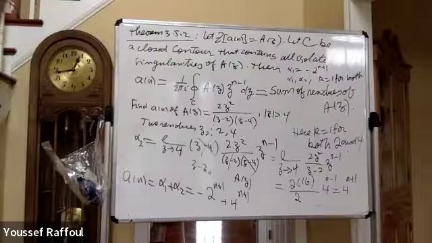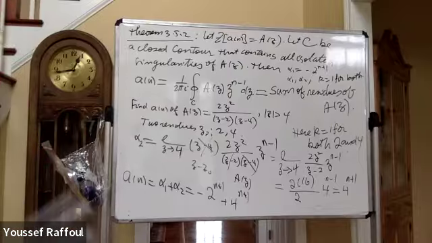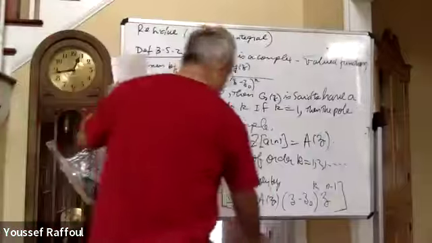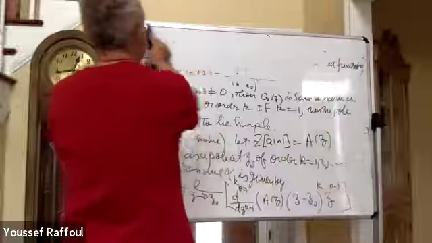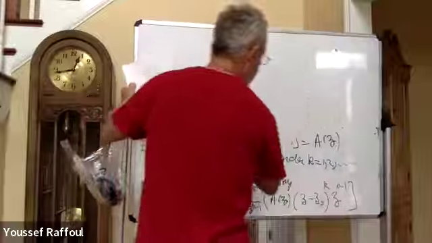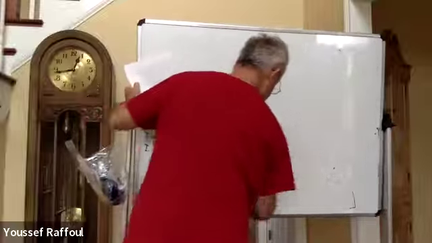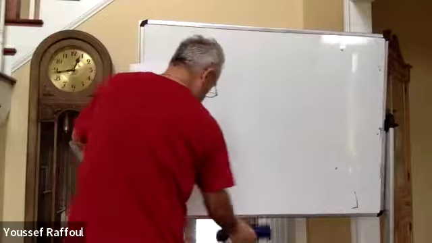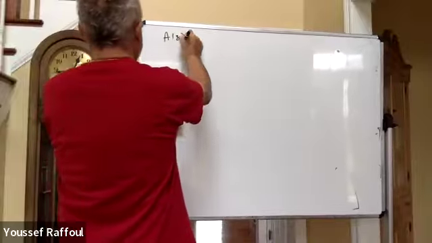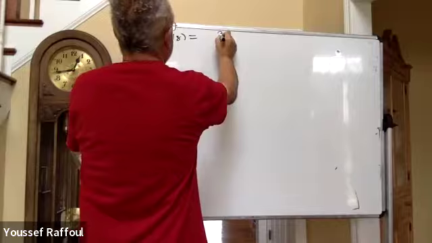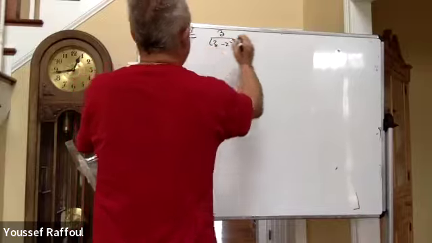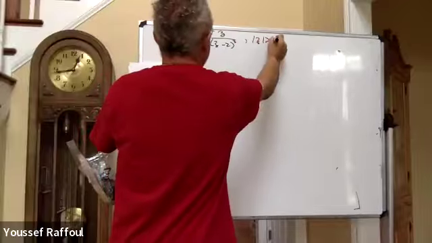How's that? Now the next example should make it clearer. Let's do one more example. Now let's say we have A(z) is z over (z minus 2) cubed, and |z| bigger than 2.